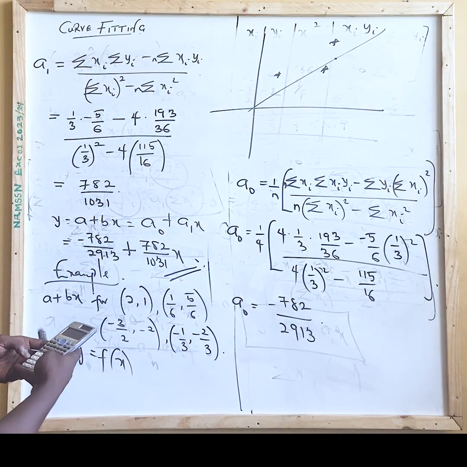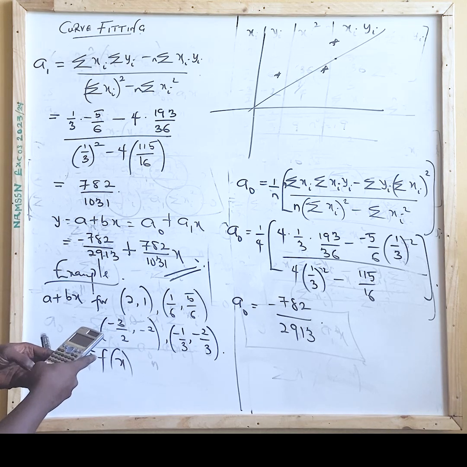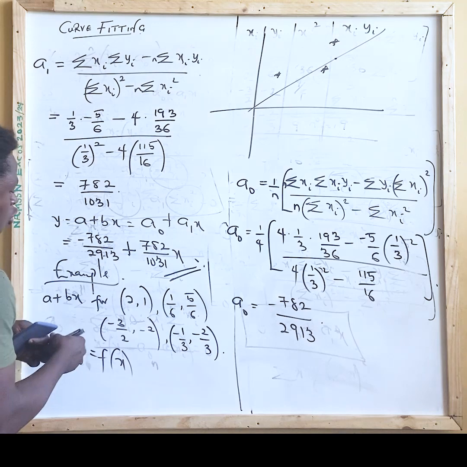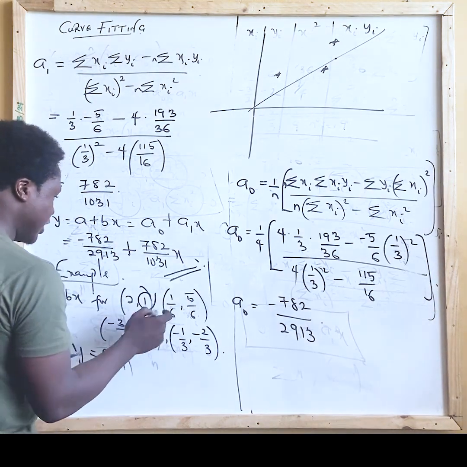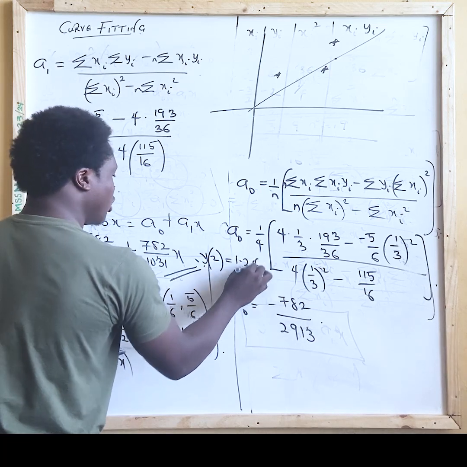So let's see what this polynomial here gives us if we put in 2. I have minus 782 over 2913 plus 2 times 782 divided by 1031. So the answer is 1.24. It is not 1. So here, our y of 2 is 1.24, not 1.